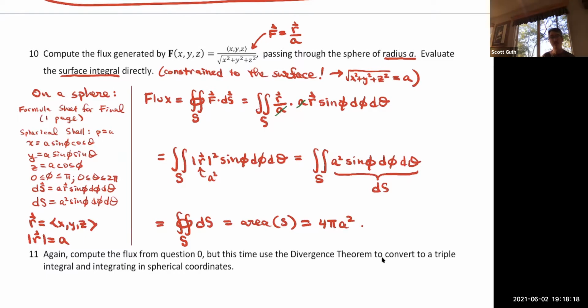There are several problems on the exam that come down to an object that you know the formula to compute its volume or its area. If it turns out the integral is just giving the area or the volume of a commonly known object, I would not evaluate the integral. I would just give the formula for the area or the volume, like I did here. Are there any questions?